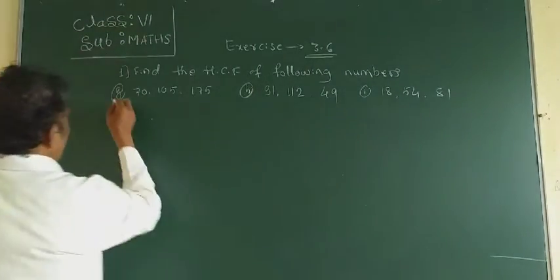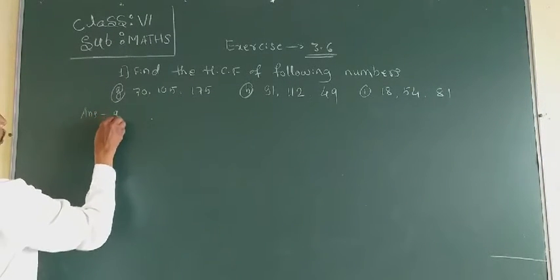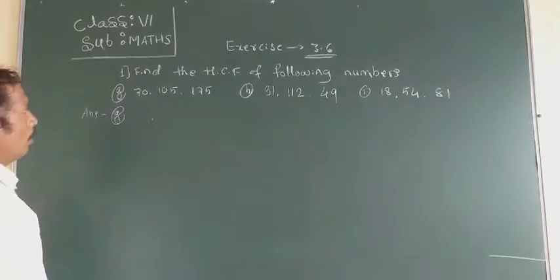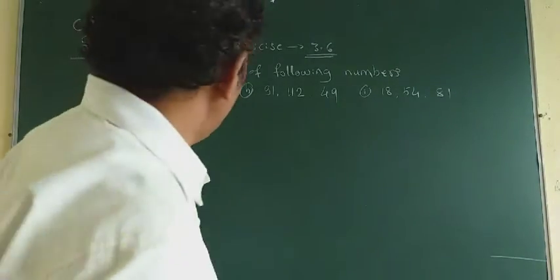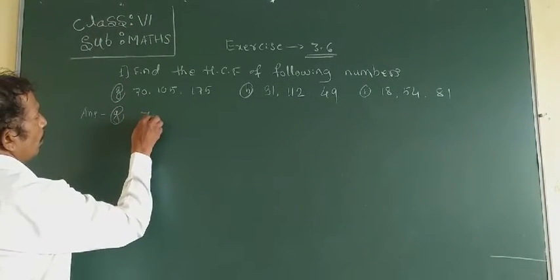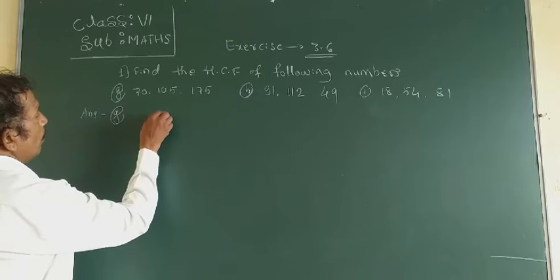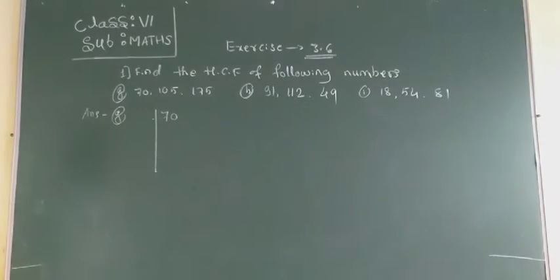Take question number G, answer G. We are given the 3 numbers. Take the first number 70. Find all the prime factors of 70 by prime factorization.